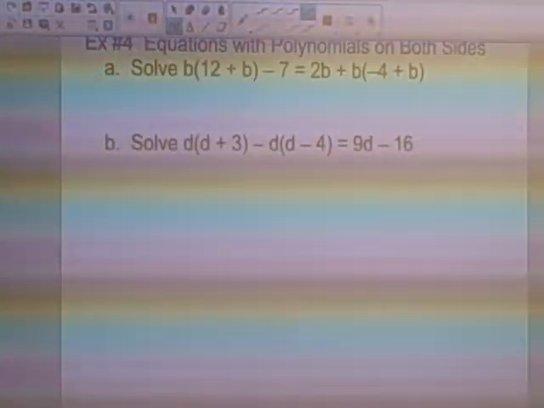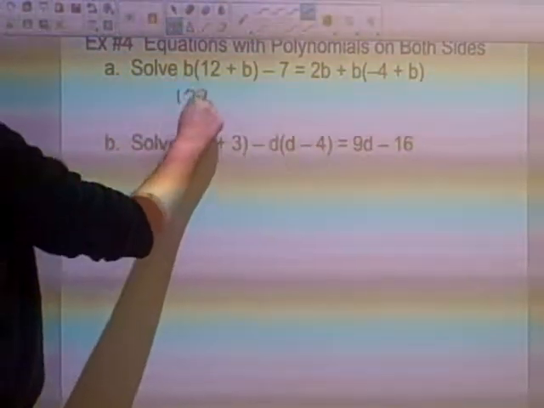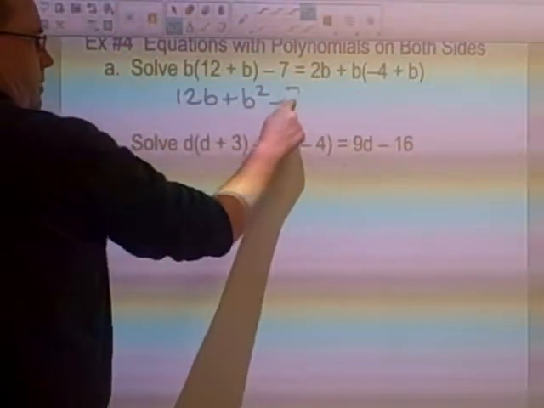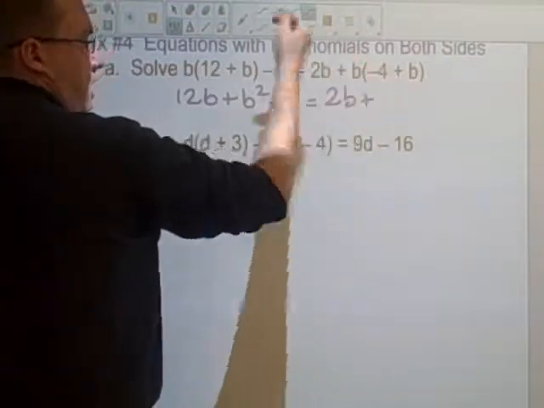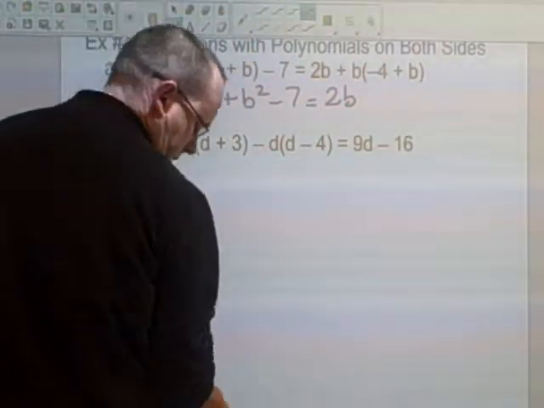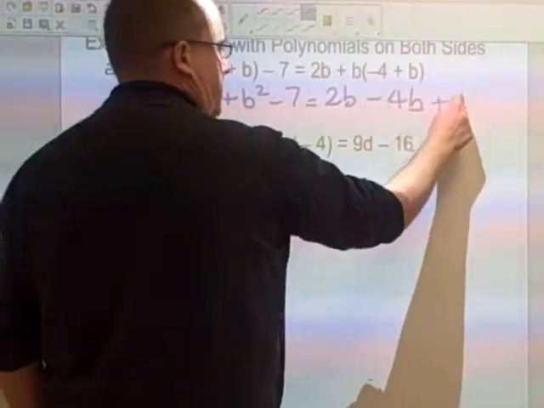Now we can also use this for solving equations as well. So if we distribute here, b times 12, 12b, b times b squared, take away 7, equals 2b plus negative 4 times b is actually negative 4b, so I'm going to get rid of that sign. And b times b is b squared.